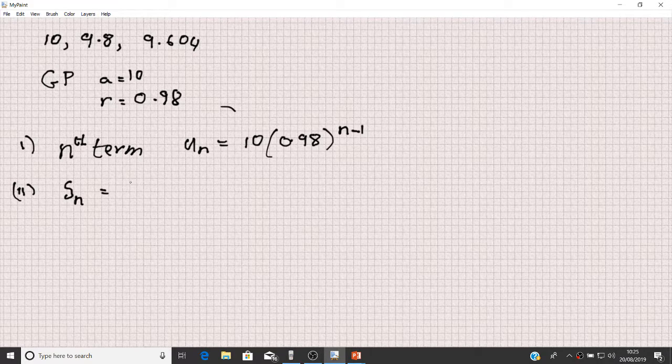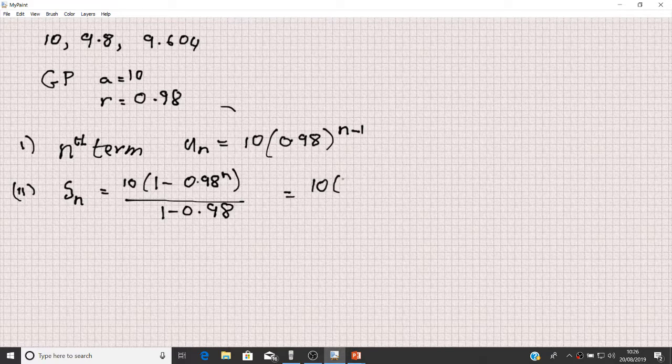So Sn is 10 times 1 minus 0.98 to the power of n, all divided by 1 minus r, so 1 minus 0.98. Now we can simplify this somewhat by looking at the denominator.